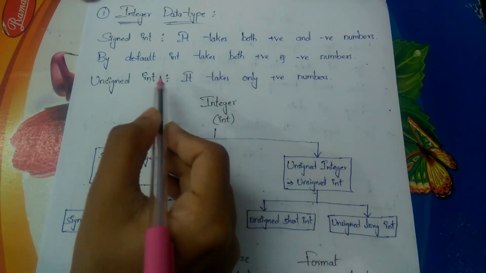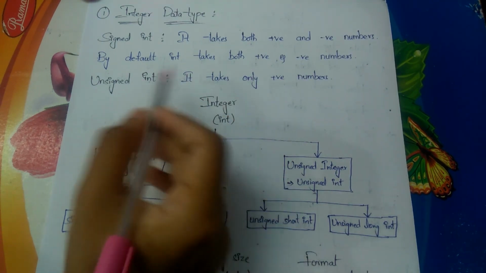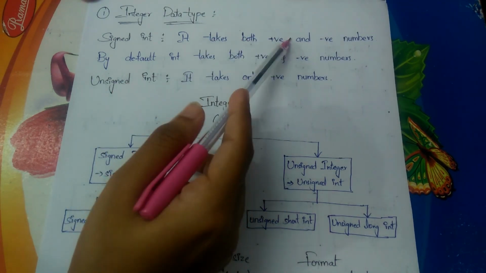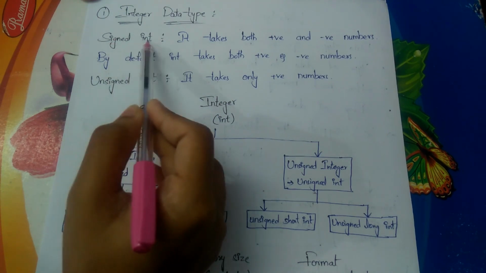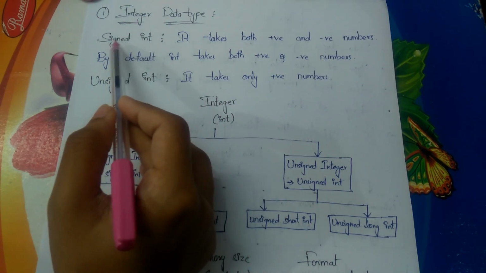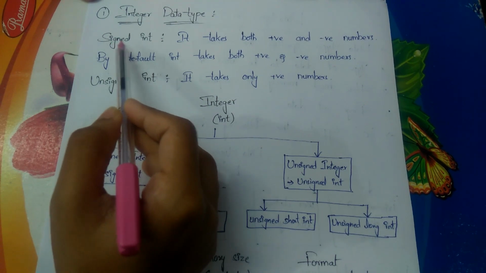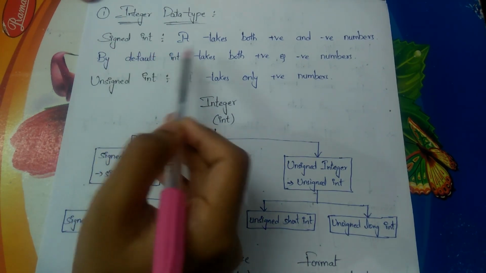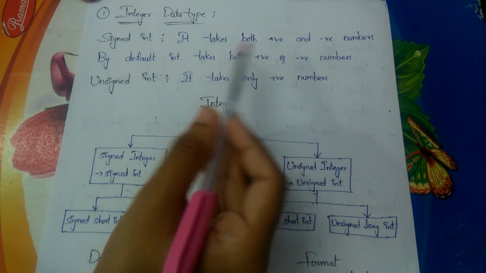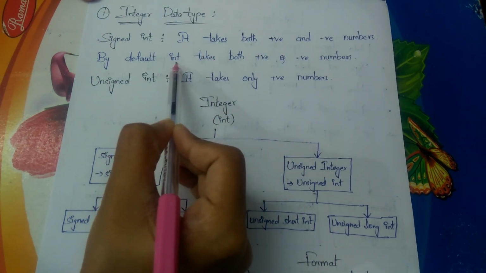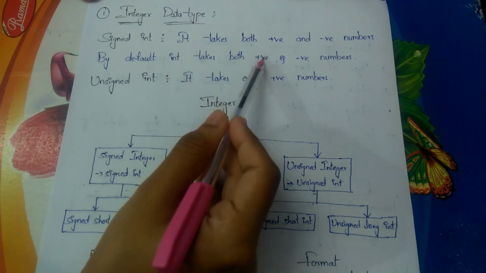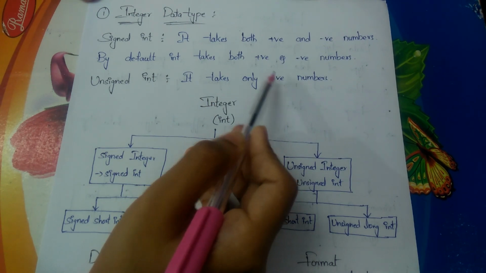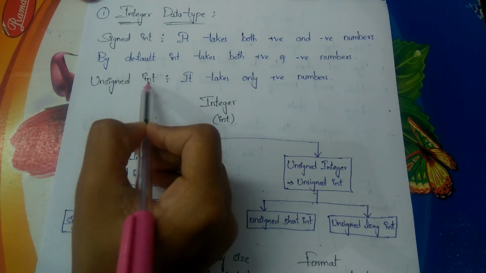So whenever we want to use only positive numbers, we can use the keyword unsigned int. There is no need to mention signed, because by default in a C program int takes both positive and negative values. But whenever you want only positive numbers, you can use unsigned int.